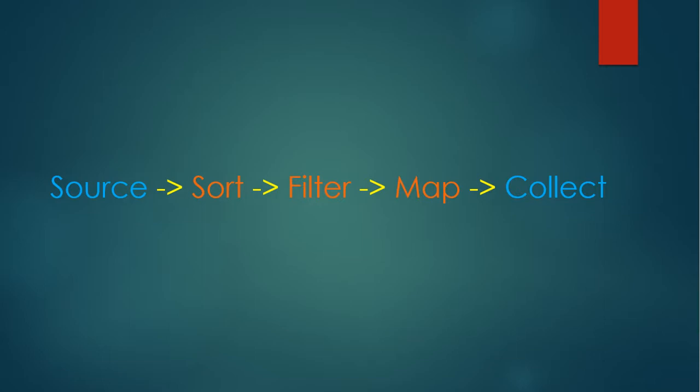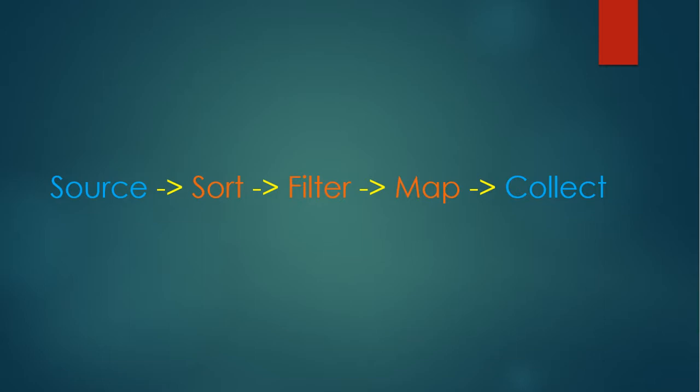As I have already said, a stream has two sets of functions: intermediate functions and terminal functions. Intermediate functions work on the stream, but you can never get the output of an intermediate operation directly; it will always return a stream that becomes the input to another.